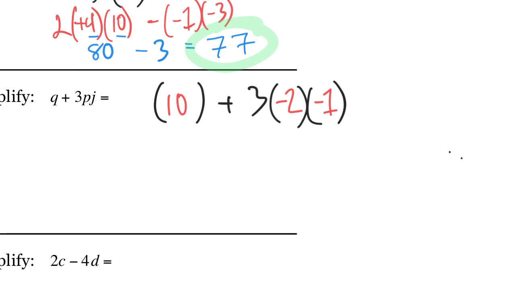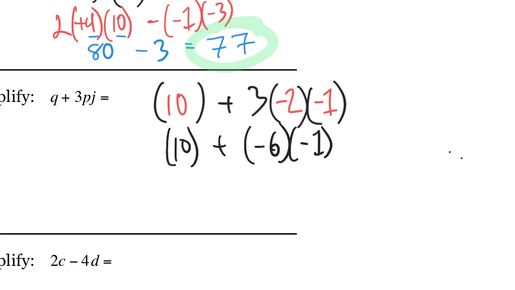And negative 6, well, you know what we'll do? We'll rewrite this whole thing just to stay in order. So I know that it's going to be negative 6 times negative 1, and that is going to give us positive 6, yes? And so we have 10 plus 6, and that's going to give us 16, ladies and gentlemen. That's the answer.